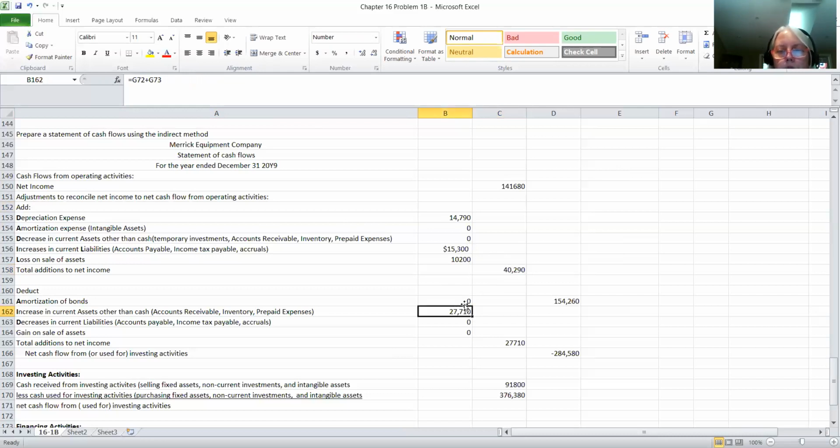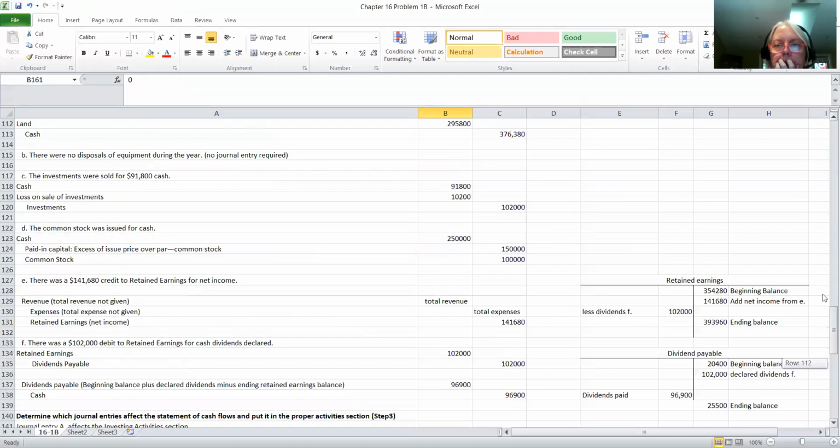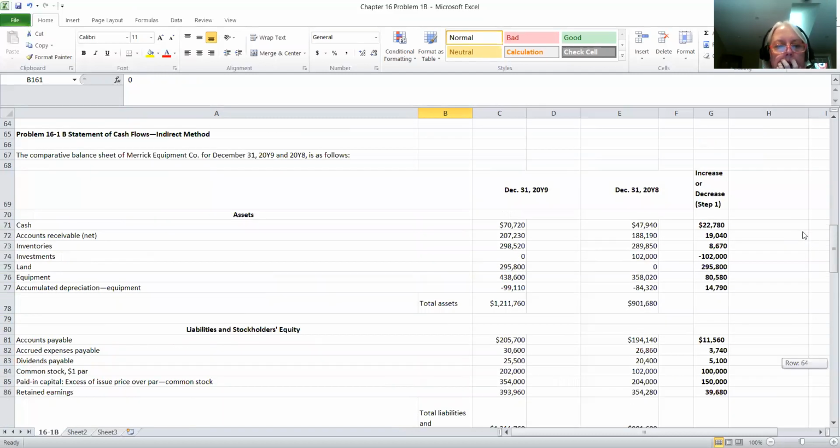Then what I'm going to do is I'm going to deduct out any amortization of bonds. And in our problem here, we had no bonds that we were working with.